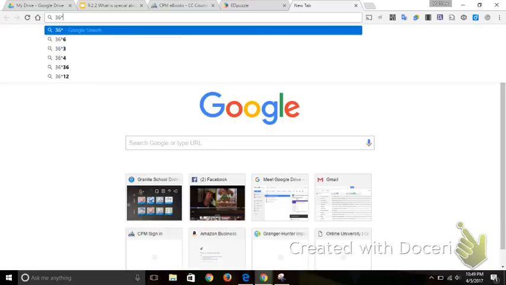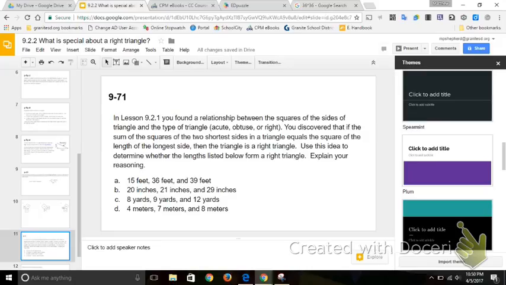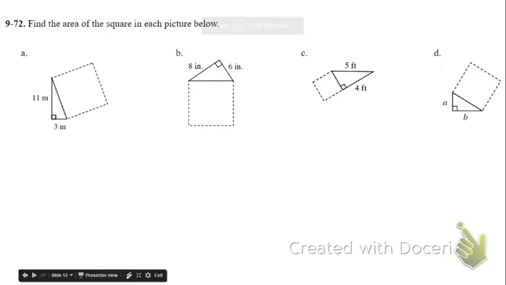So 36 times 36 would be 1,296, and then 39 feet squared. You're going to add up the area of the first two to see if it equals the final area, and that's what you're going to do in each of these, and then submit your answers.